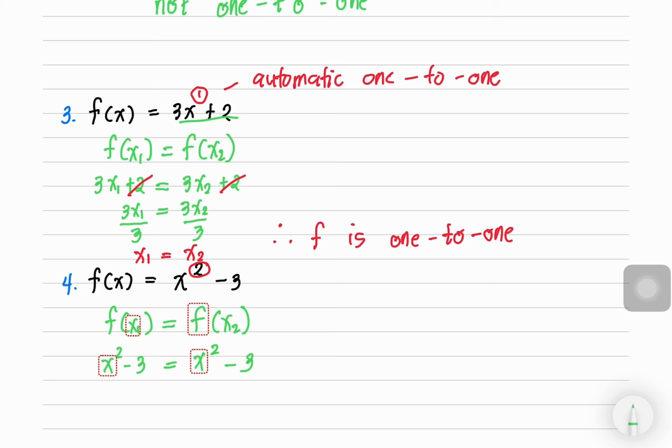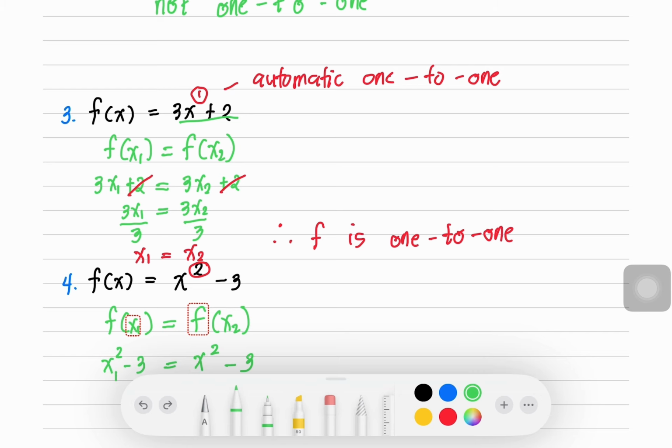Okay. So, by cancellation, kasi we will combine negative 3 and negative 3. So, it will become x squared sub 1 and then x squared sub 2, right? Okay.